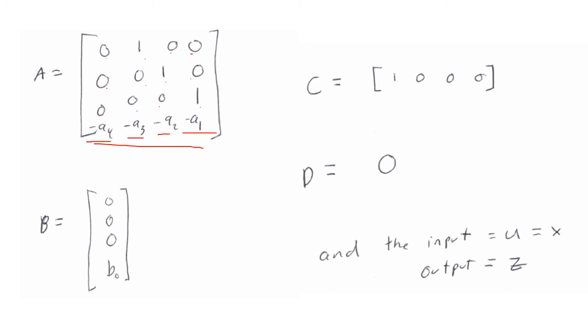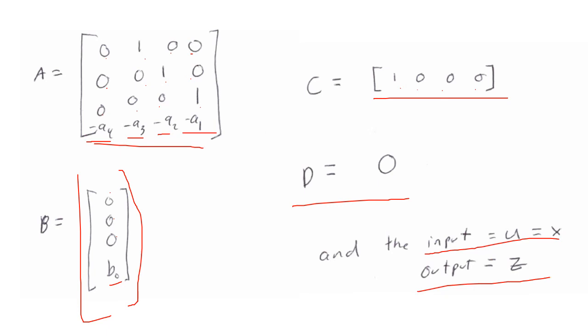Our B is the vector 0, 0, 0, b naught. Our C is 1, 0, 0, 0, and our D is simply 0. Recall that our input is x and our output is z, or our x is also u the way we've written it, so those are interchangeable. So now we have our A, B, C, and D.